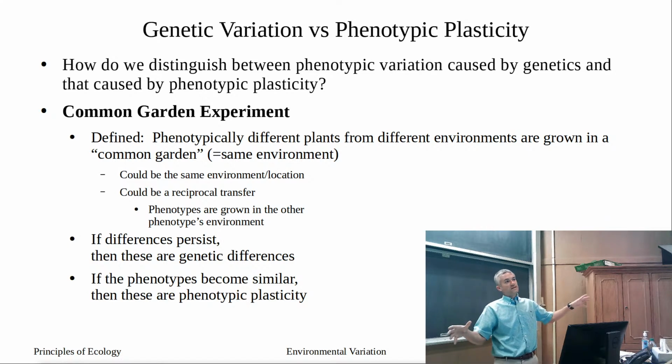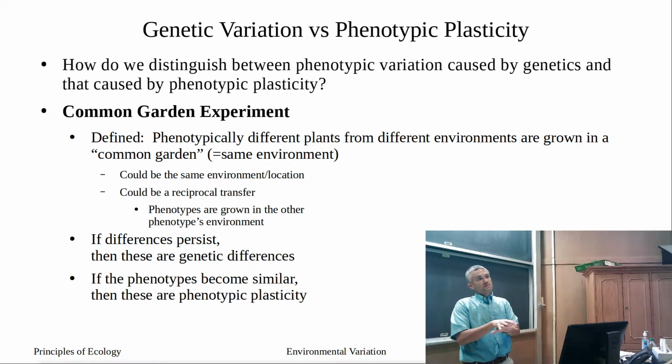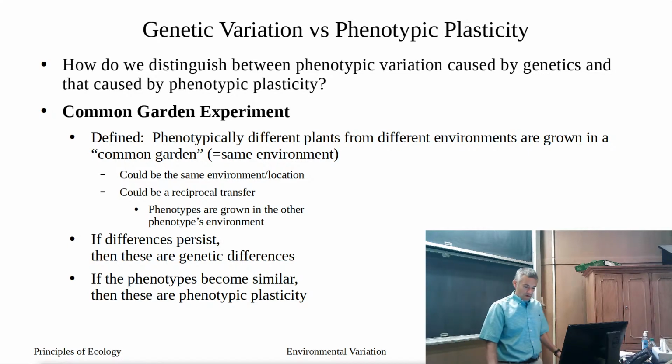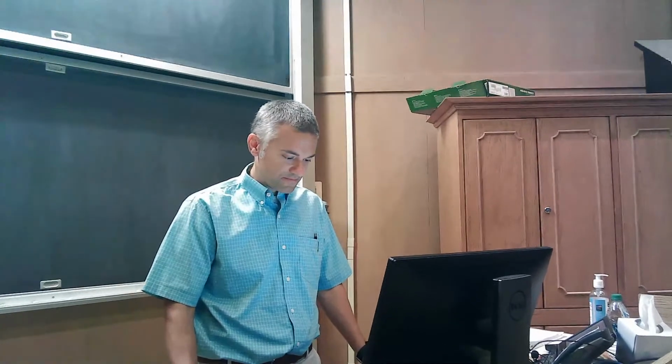If, however, the phenotypes change, that part is our phenotypic plasticity. So let's kind of diagram this out, because I've got the example. All right, I'll leave this up here so you can kind of keep taking the notes.